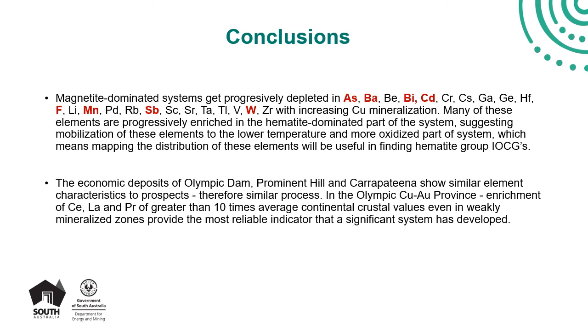Lastly, while economic deposits largely have the same element associations as sub-economic occurrences, the big deposits show significant enrichment in associated elements, even in samples that aren't copper mineralized. So in particular, light rare earth element values of more than 10 times crustal abundance appears to be a positive indicator that a significant system has developed.